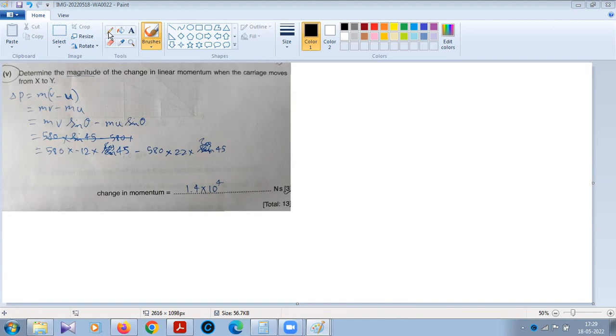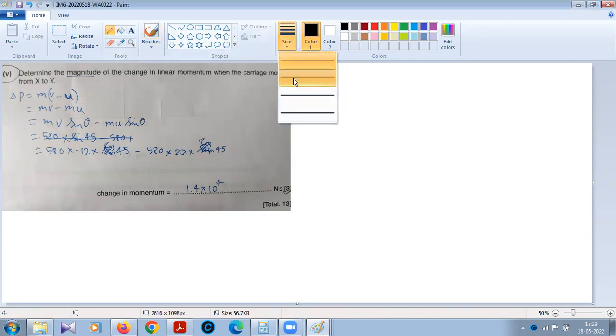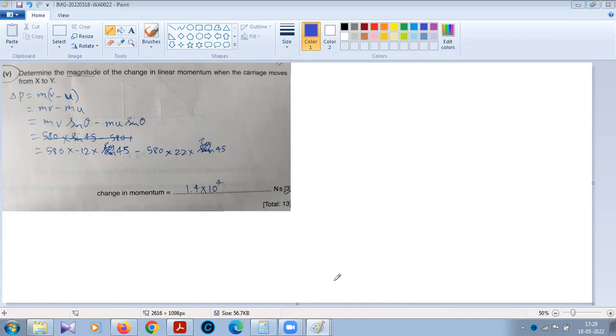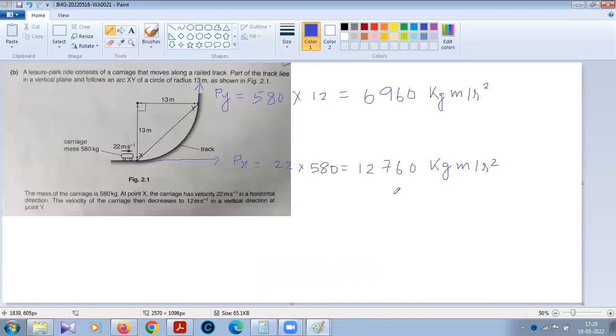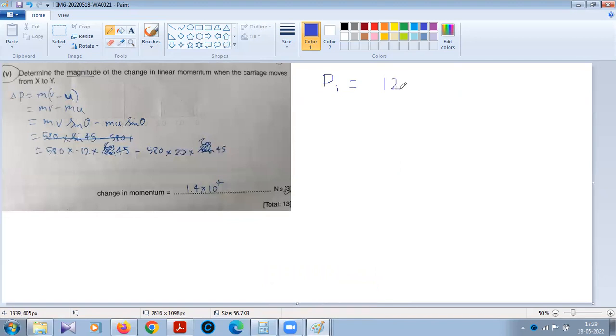This is something about vectors, and I think that has not been taught to you yet. So the initial momentum, P1, is 12760, and this is in the X direction.